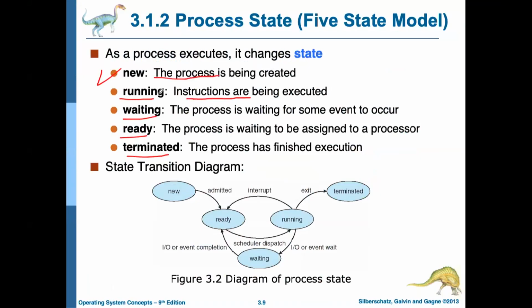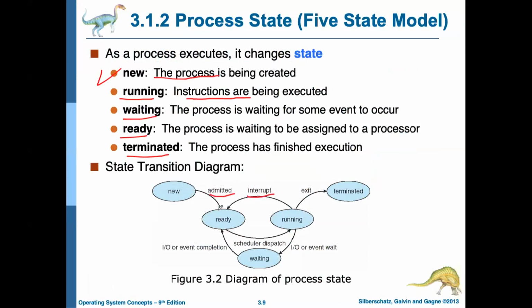When moving between states, there is an invocation instruction, like the interrupt here, and this instruction is admitted. The circles here are what they call the state transition diagram.